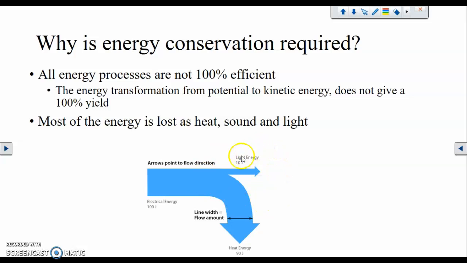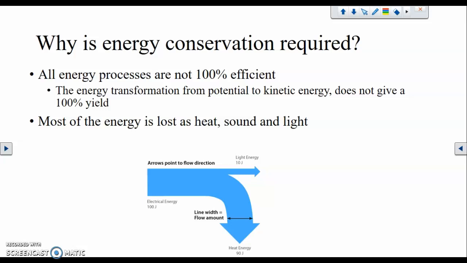Every single process, every single power thing, every single energy transformation, and a lot of our lives are run by energy transformation. When we turn on our house lights, we're converting electrical energy into light energy, okay? When we turn on our gas furnace during the winter time, we're transforming heat energy to heat energy, right?